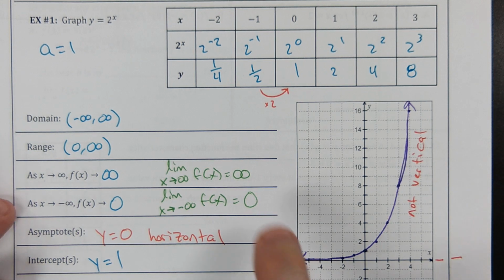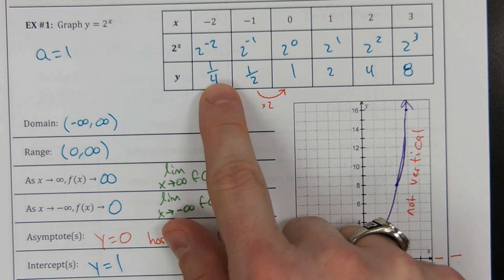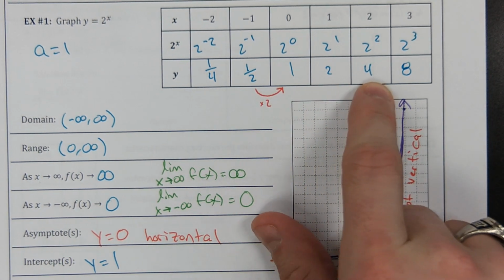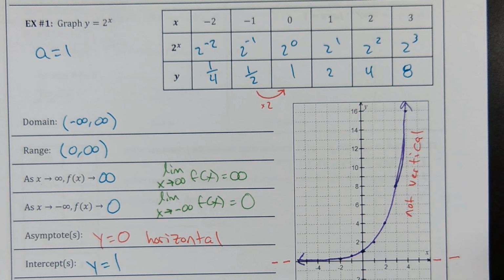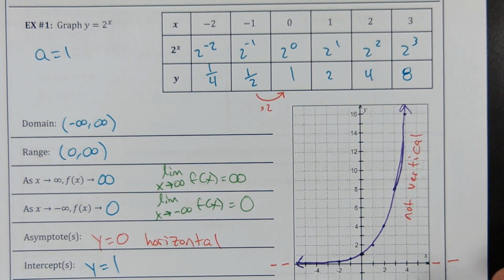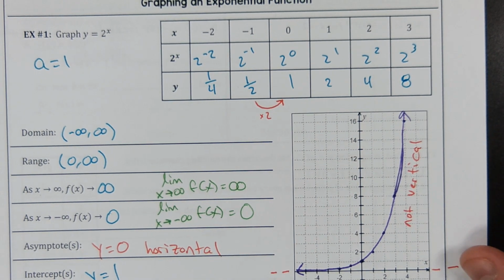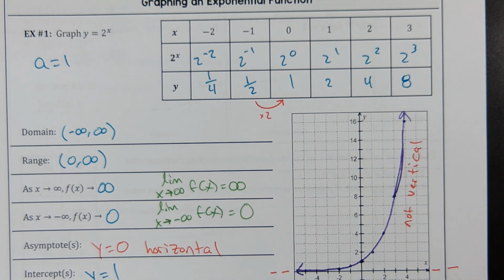For example, let's look at the first differences here. Plus 1/4, plus 1/2, plus 1, plus 2, plus 4. Now you might be saying, duh, that was just these numbers shifted over slightly, right? Well, yeah, but that was only true because this was specifically an exponential growth function.